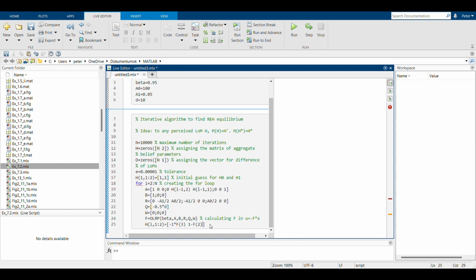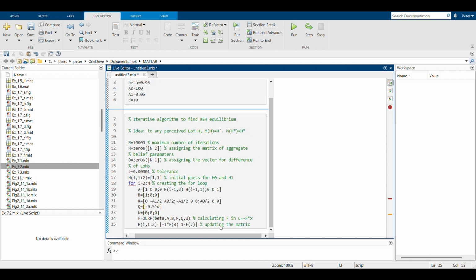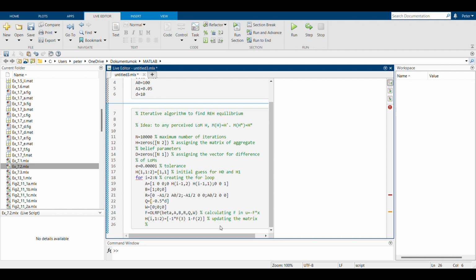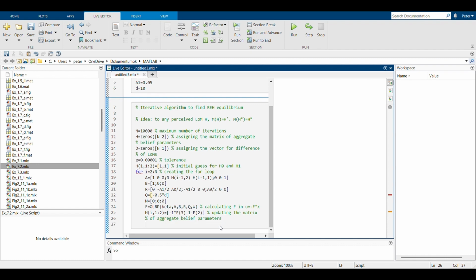Okay, so H_i 1 2 minus 1 times F3 1 minus F2. So here we are updating the matrix of aggregate belief parameters. All right.